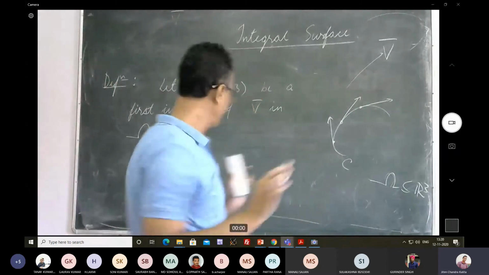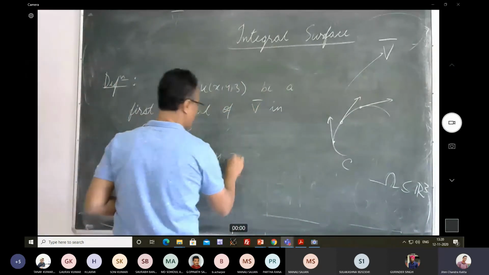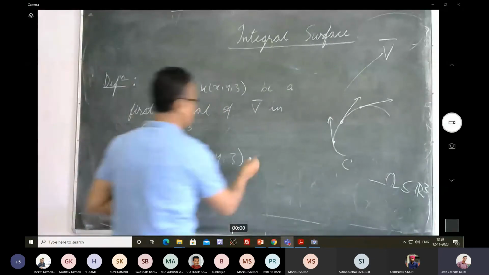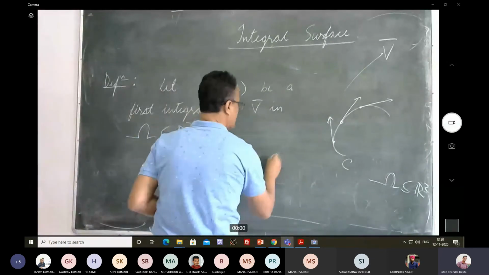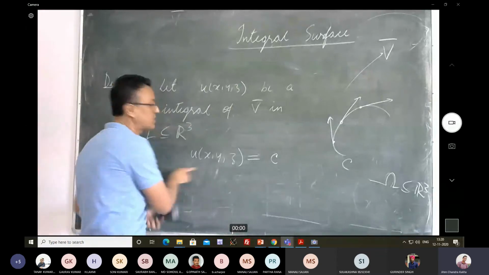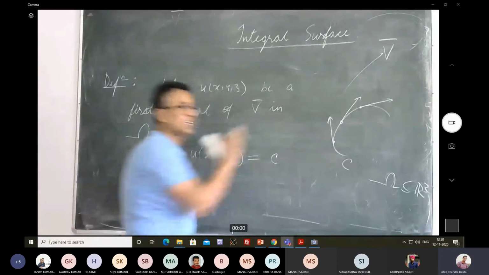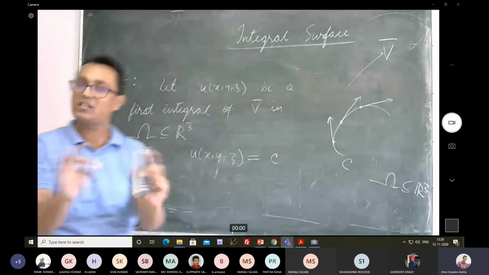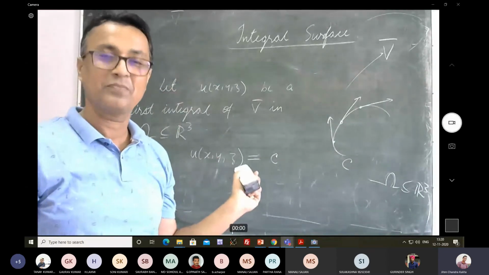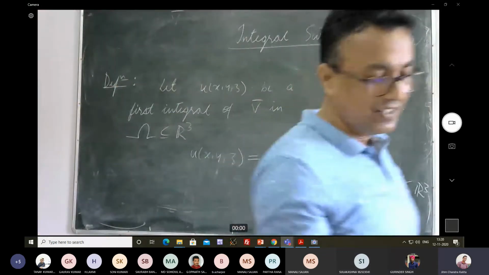So now, if I create a level surface, say C, from that first integral, you know that a first integral is nothing but a function. But if I equate the function to a constant, I get a level surface. Up to this, everybody is fine. Yes, sir.